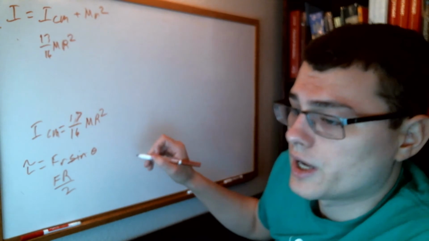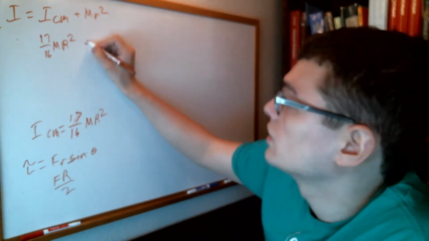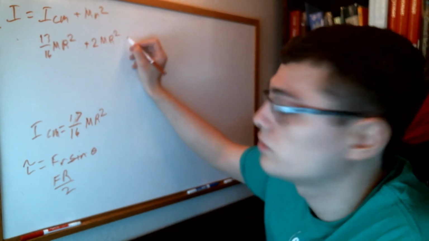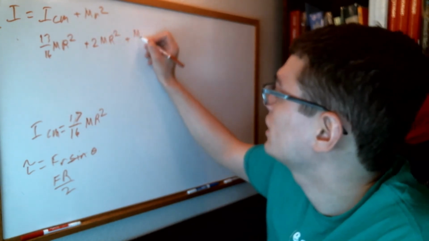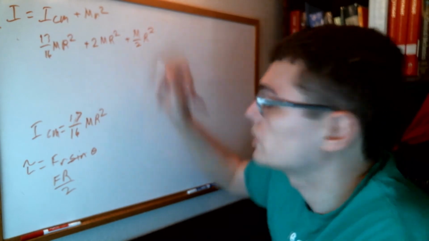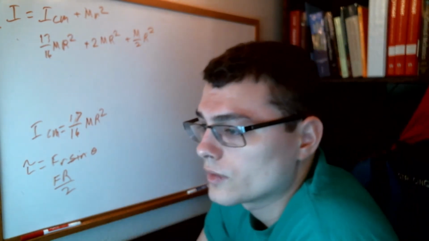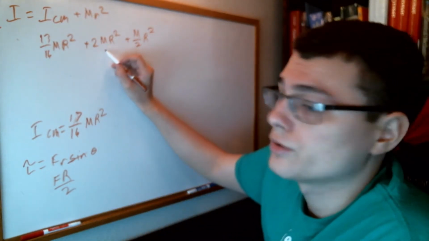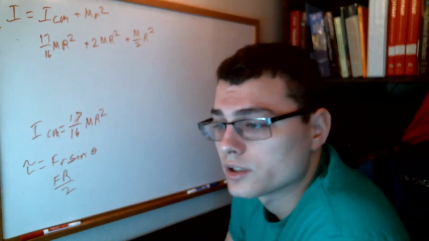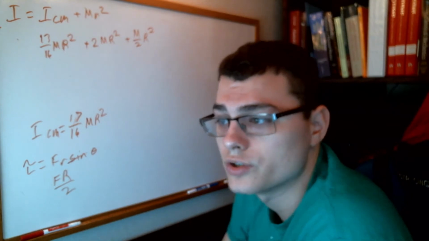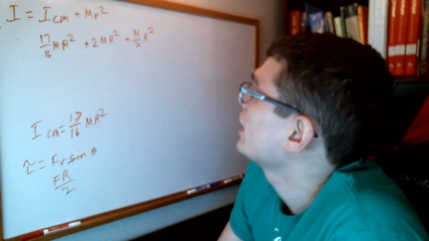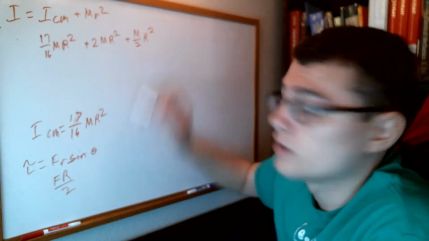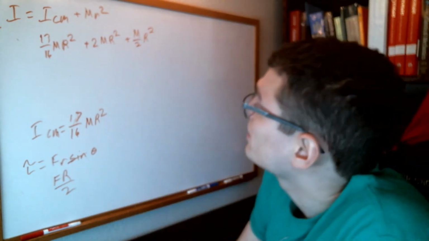And then this is going to be plus 2 m r squared plus m over 2 r squared. So this is the distance between the center of mass of the two outer parts of the yo-yo, and this is the center of mass of the inner part of the yo-yo, where the mass is m over 2.